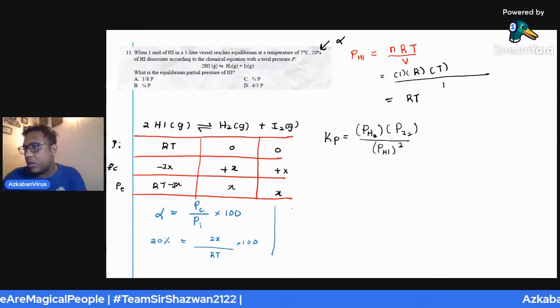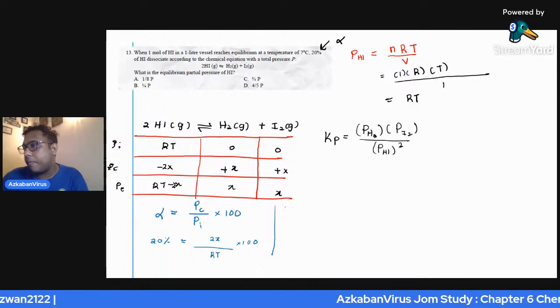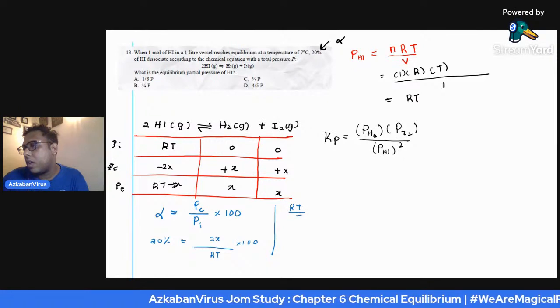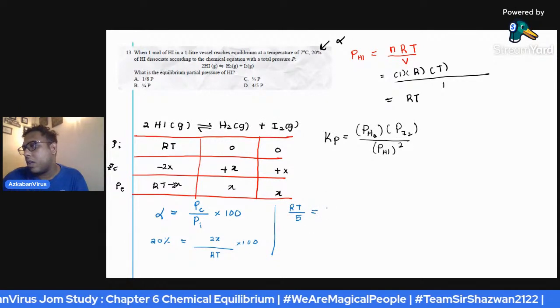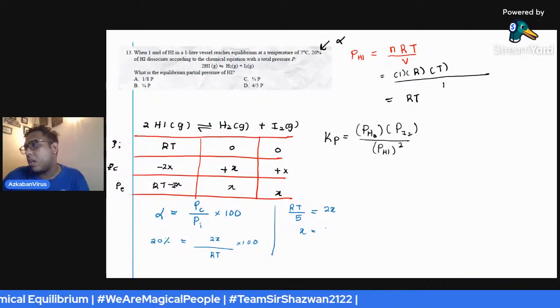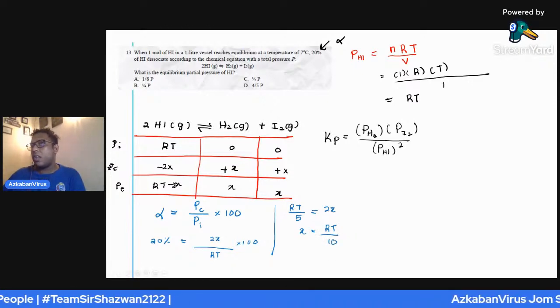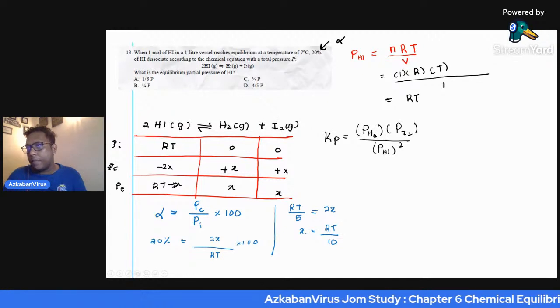2 over 10, which is 0.2. X is equal to RT over 10.